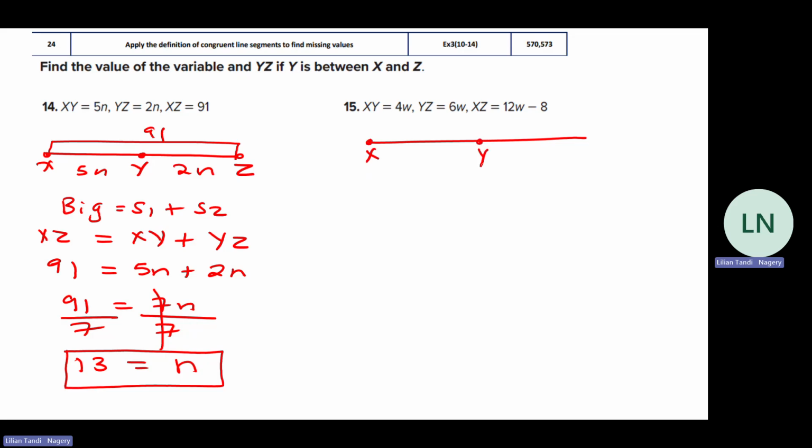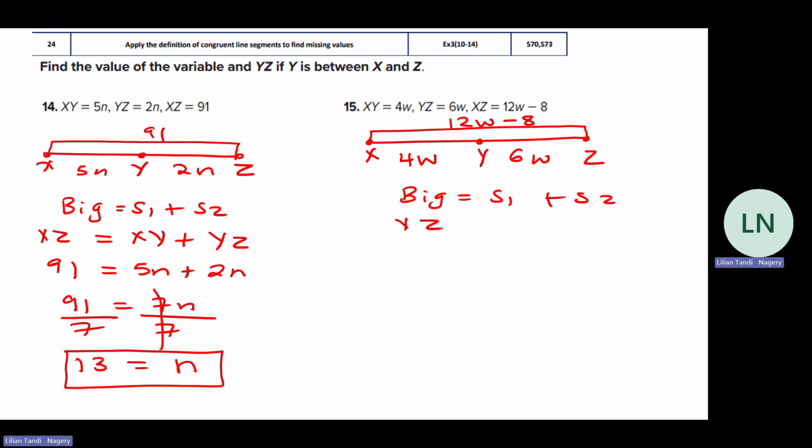X, Y, Z. XY is 4W, YZ is 6W, XZ is 12W minus 8. Big equals small 1 plus small 2. Big XZ, S1 XY, S2 YZ. XZ is 12W minus 8.